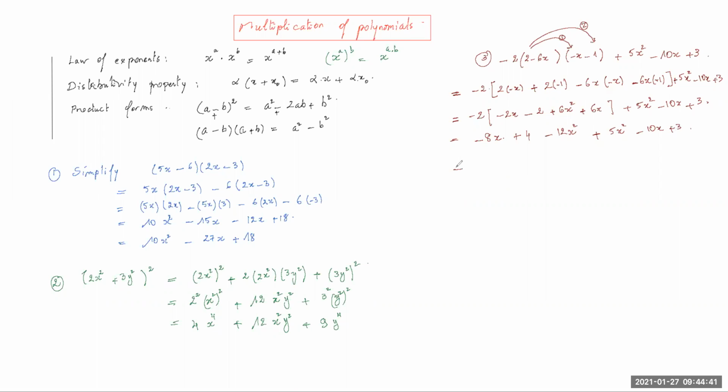Finally, I can regroup terms: the x squared terms give minus 7x squared, minus 18x, and plus 7. So here is my final answer.